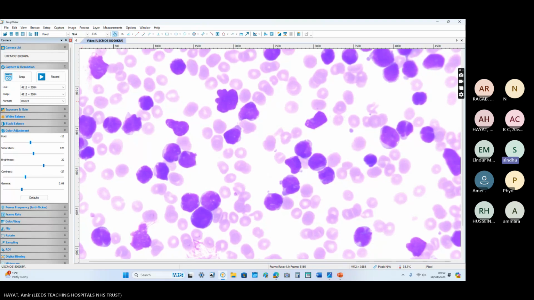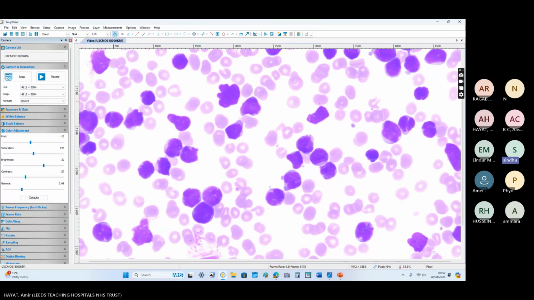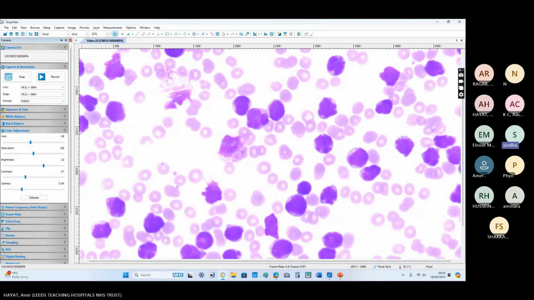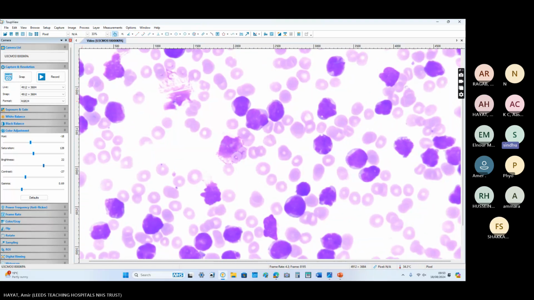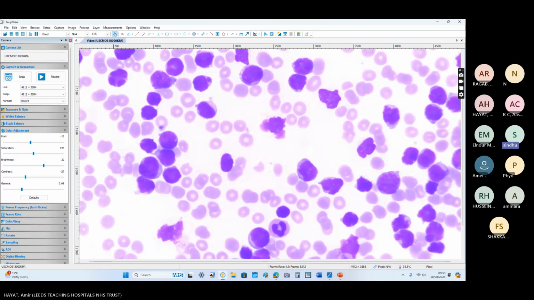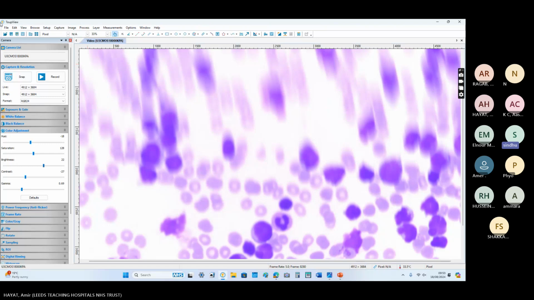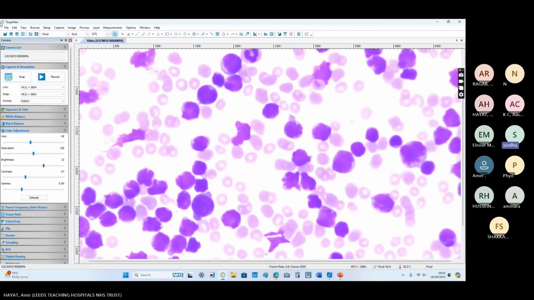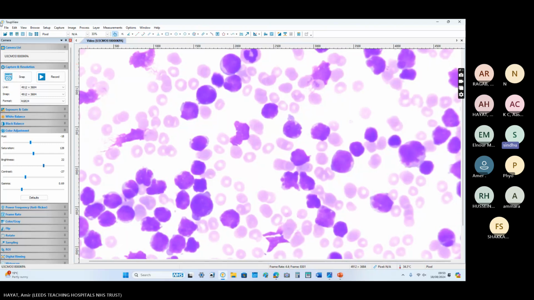Okay, these are atypical, immature cells with high NC ratio, and there is a scanty amount of cytoplasm, which is agranular, and the nucleus is somewhat open and cleaved. A few cells are also showing a cleaved nucleus.